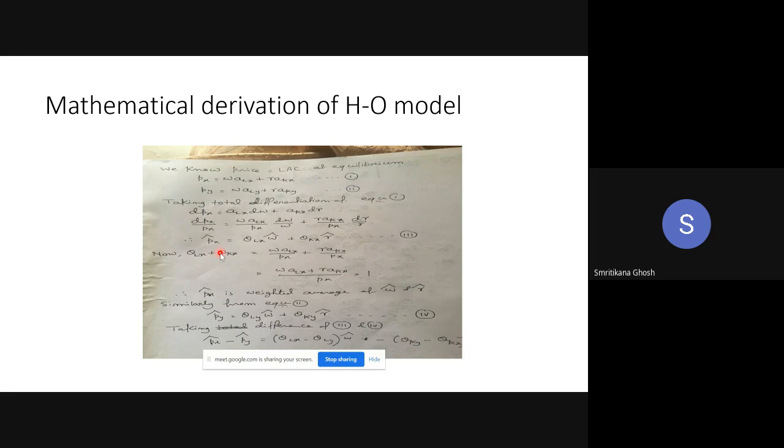PX hat means the proportionate change of PX. It's very similar to the percentage change in the elasticity of demand concept. Similarly, dW by W is written as W hat. dR by R is written as R hat.